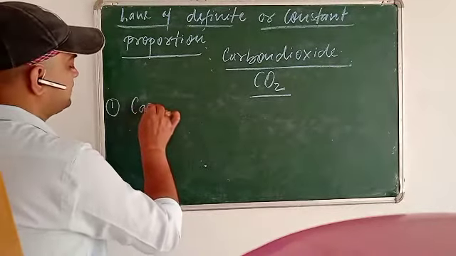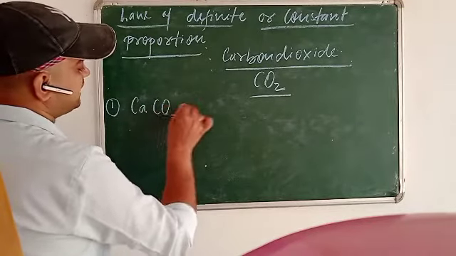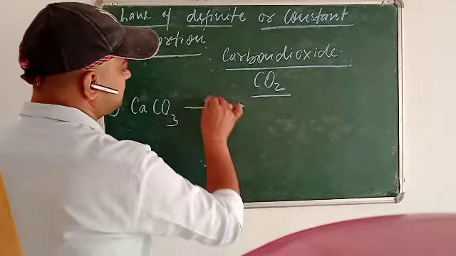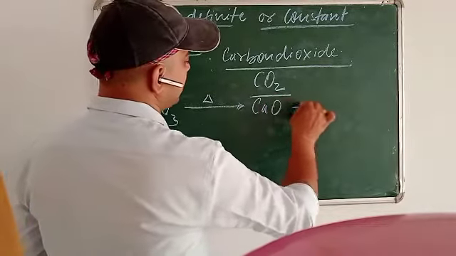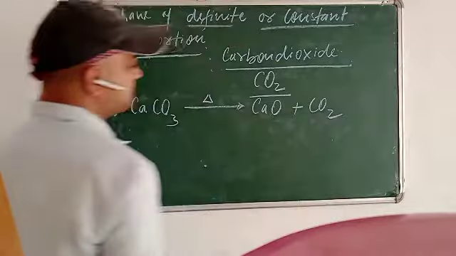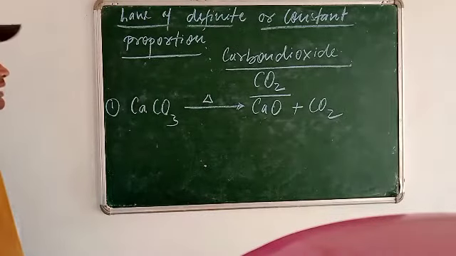We get carbon dioxide from the calcination of calcium carbonate, CaCO3, which gives CaO and CO2, that is calcium oxide and carbon dioxide.